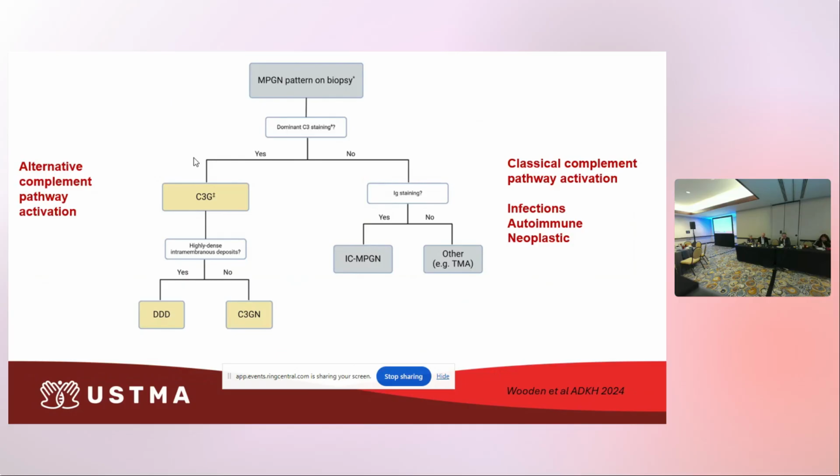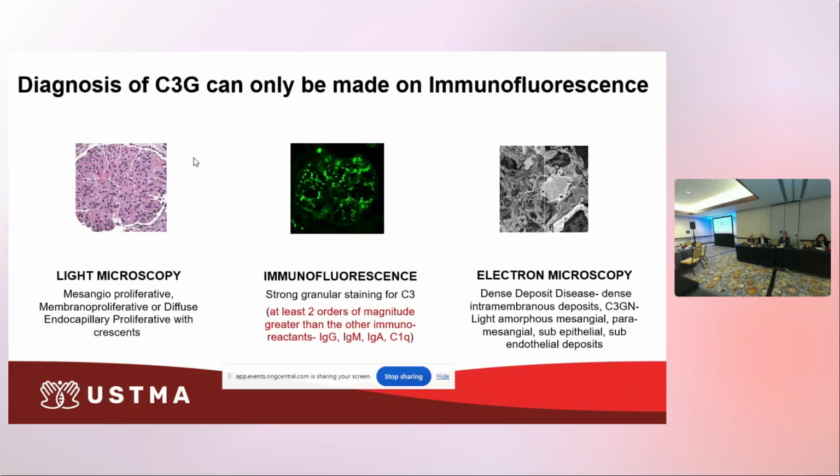Now, C3G can be classified into different types, dense deposit disease and C3GN, depending on whether there's presence of highly dense intramembranous deposits. Dense deposit disease does have them, and C3GN has different locations of the deposits. The diagnosis of C3G can really only be made on immunofluorescence, right? Light microscopy patterns of C3G can be a variety of them.